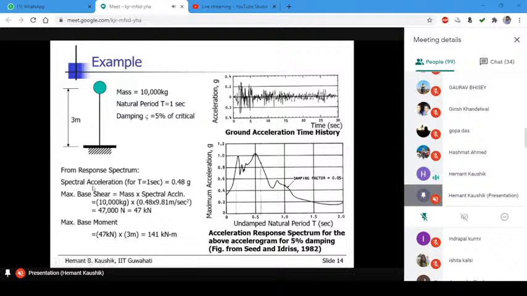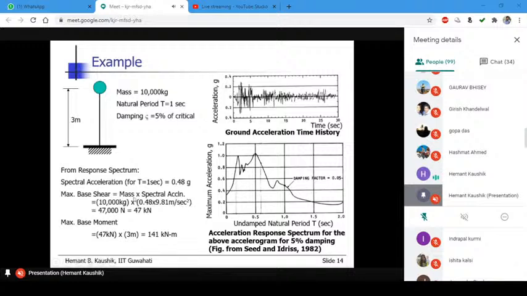Now you know that if you want to find the force, it can be calculated as mass times acceleration. So the maximum base shear at the base of the structure can be found from the mass, which is 10,000 kg, multiplied by the spectral acceleration, which is 0.48 times 9.81 meter per second square.